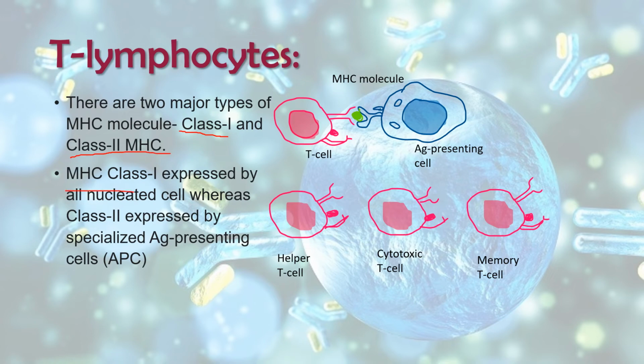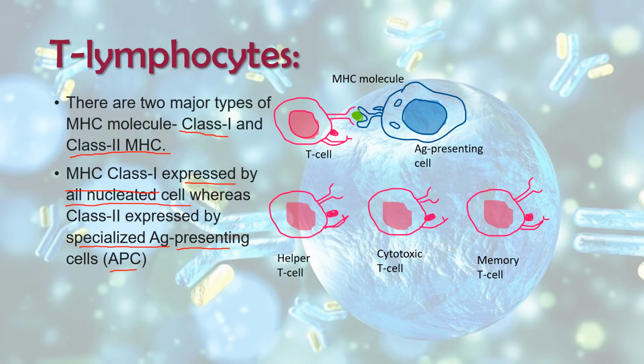MHC class 1 is expressed by all nucleated cells, so all the cells which contain a nucleus, whereas class 2 MHC molecule is expressed only by some special cells. These are known as antigen presenting cells. They may be B cells or macrophages.